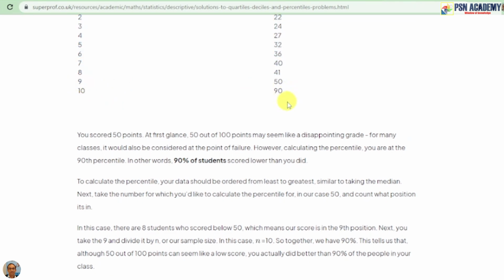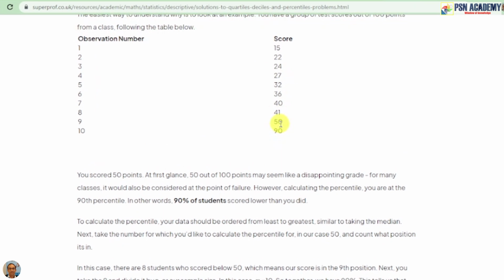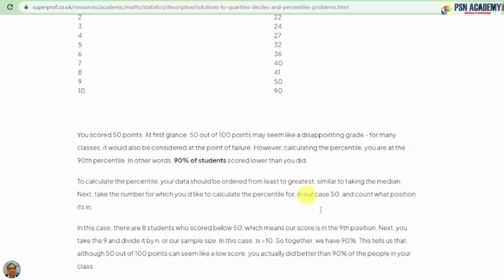And it is true that 80%, or 8 students, scored lower than this 50. Right? Next, you take 9 and divide it by n. So your sample size is n, that is 10. So they are asking you to divide 9 by 10, not 8 by 10. And naturally, you will get 90%.